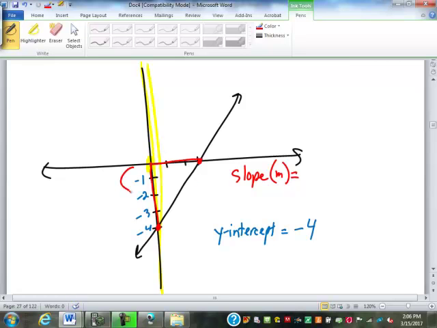How far do we rise here? 4 units. How far are we running here? 3. Good. Now we'll double check that is a positive slope. As we move left to right, that line does go up. So that is a positive. The rise is 4, so positive 4 over 3.